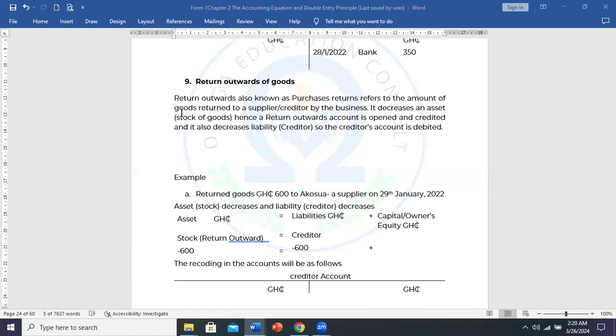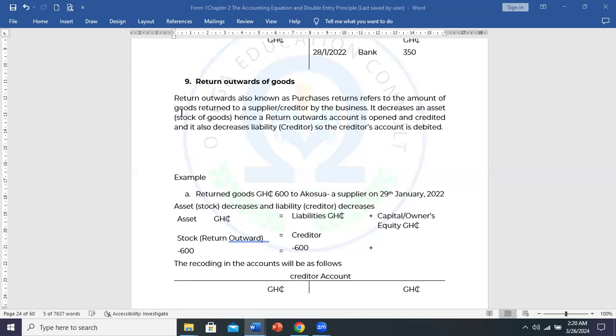So that is return outwards, when goods are returned back to suppliers. Some of the reasons why this can happen are, number one, if the goods have expired, the business will definitely return them, or they are faulty, or there was oversupply of the goods. Okay.